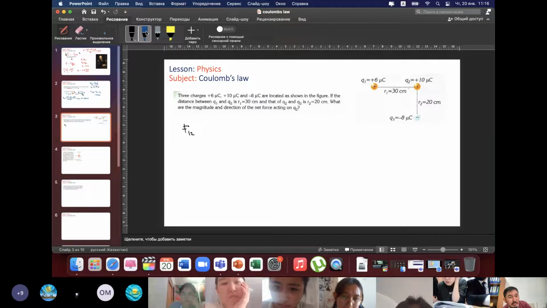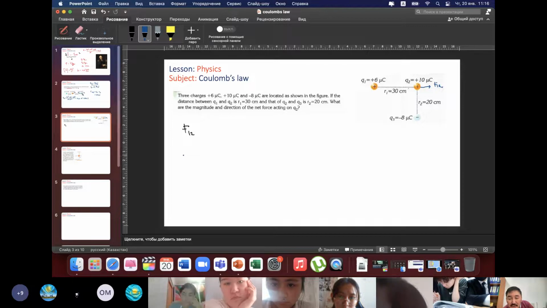What will be the direction? Outside. If it attracted, it would pull inward. No. Since it is repelling, it goes outside, so my direction of F1,2 is this way. Next, again on the second charge, what's the force applied on the second charge? Another force acts from Q3 on Q2.